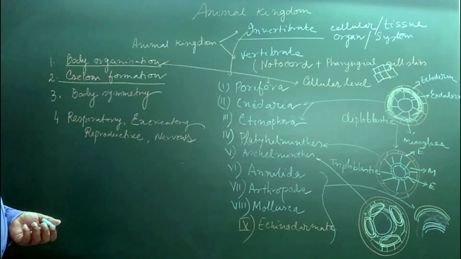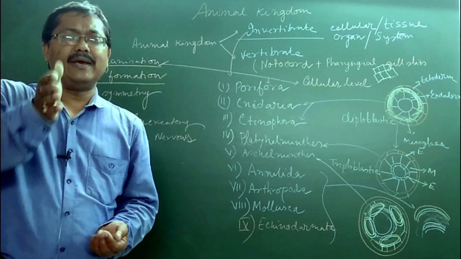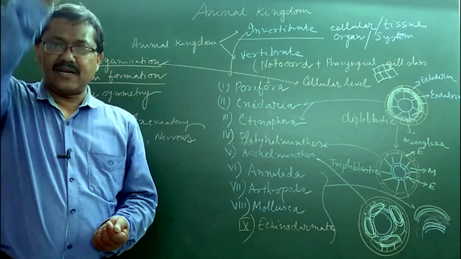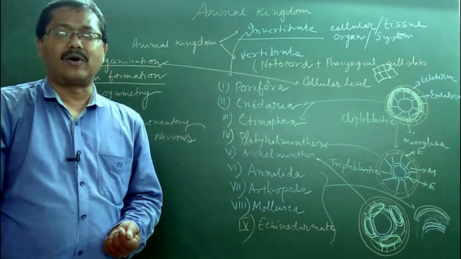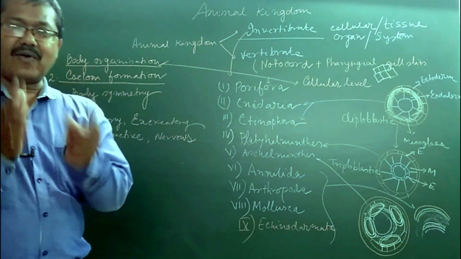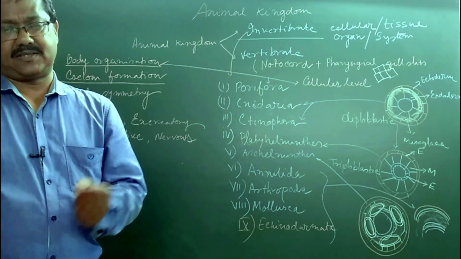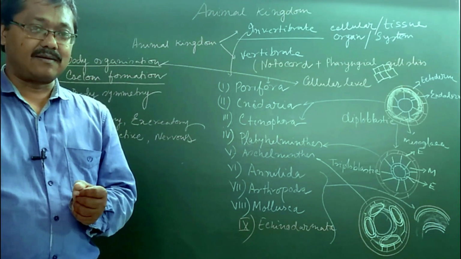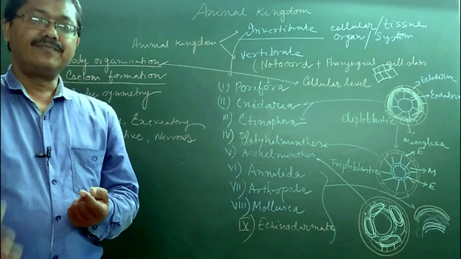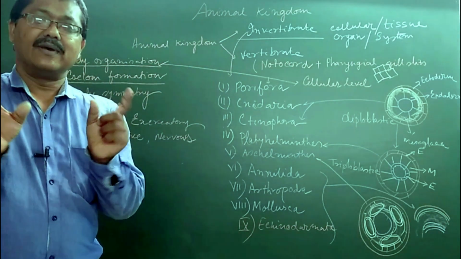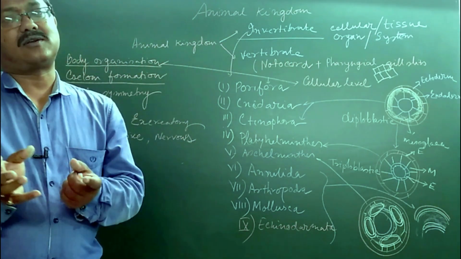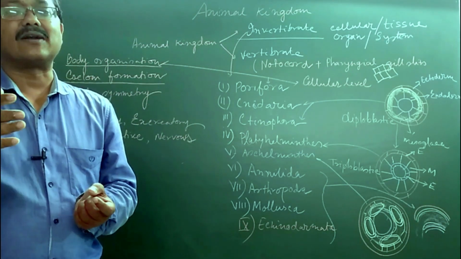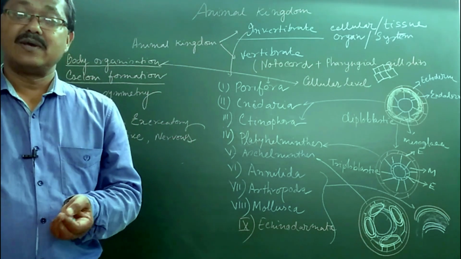Body symmetry: generally, when we divide the body in a vertical plane and it passes through the axis of the body, it can divide the body into two parts. When the vertical axis passes through the central point, if the structures are not the same in their conformation, it is called asymmetry.